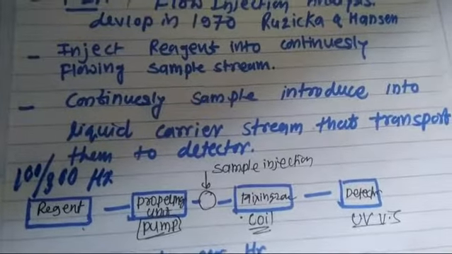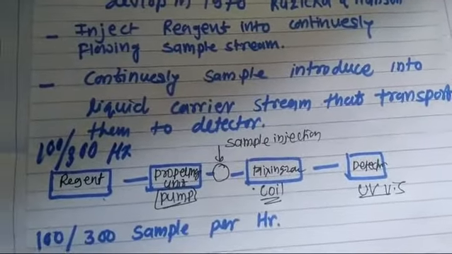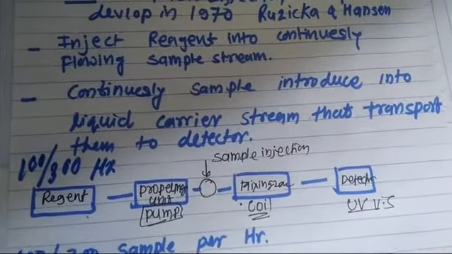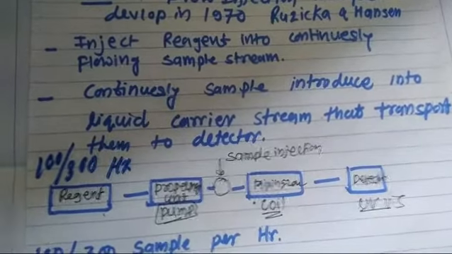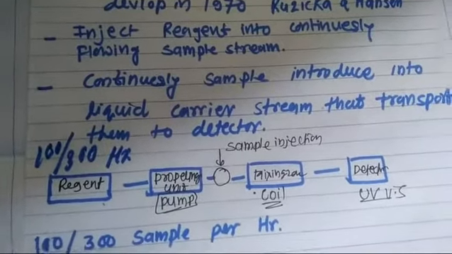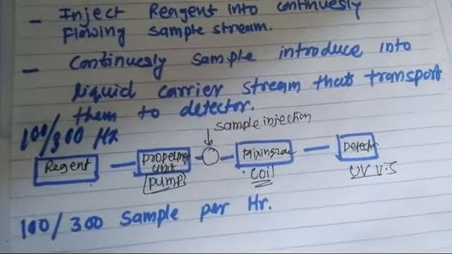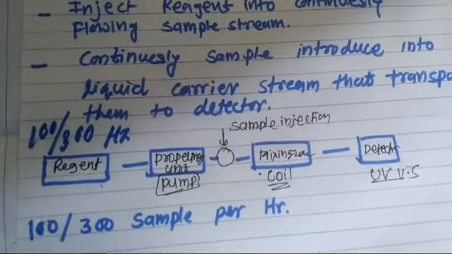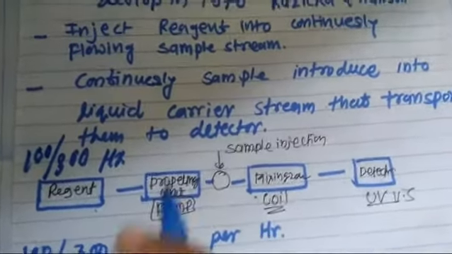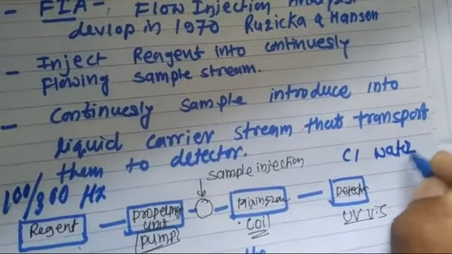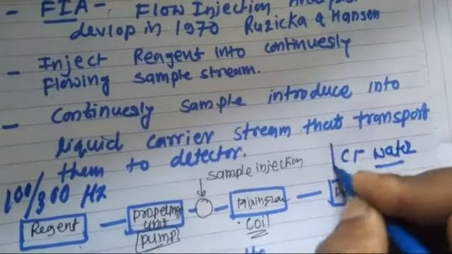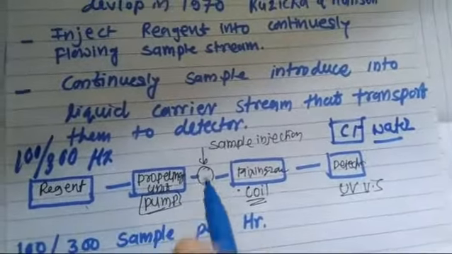An example of a flow injection system is the determination of chloride in a continuously flowing water system.